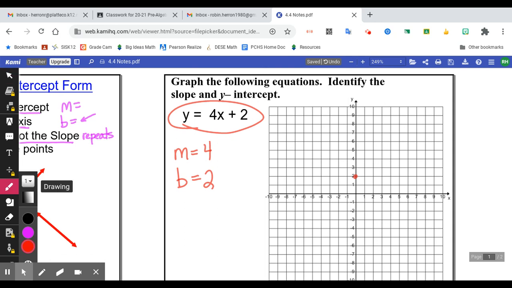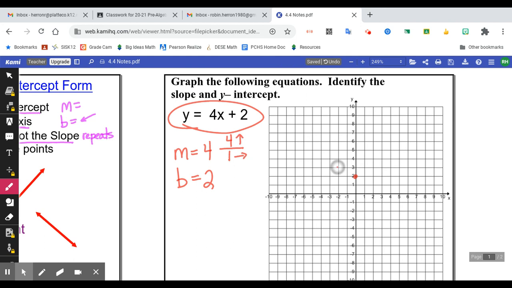Here's where you have to start putting things together. My slope is 4. Well, 4 doesn't tell me rise over run. So remember, 4 as a fraction would be 4 over 1. This means up 4, right 1.